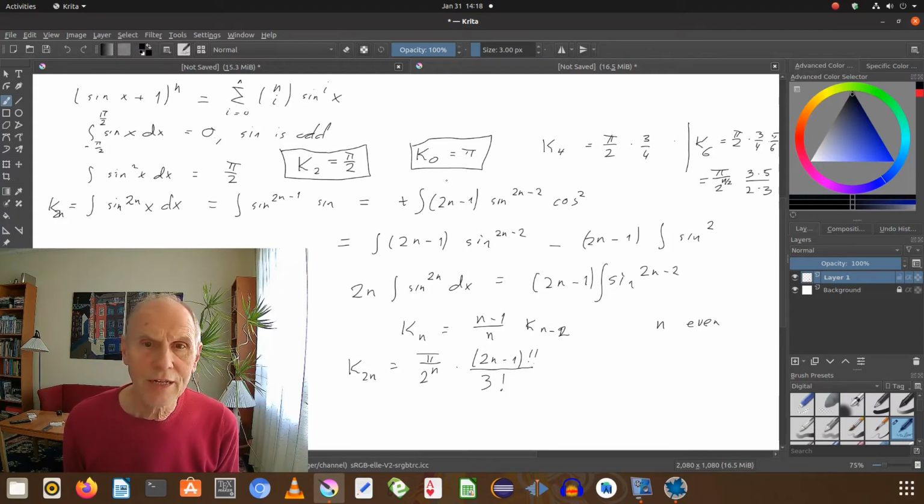If n is naught, it's just pi, and then when we multiply by 2n minus 1 and divide by 2n we get, so this is obviously correct.